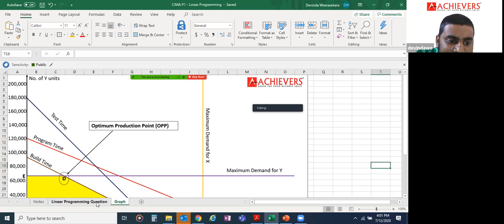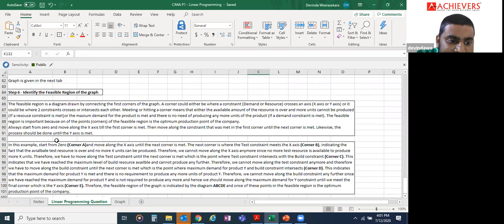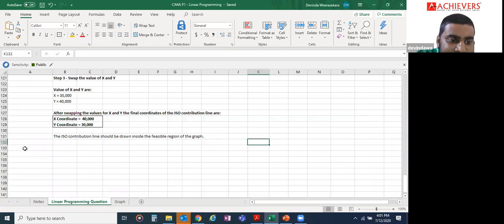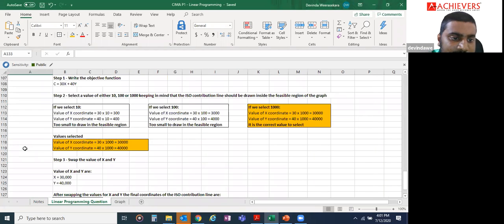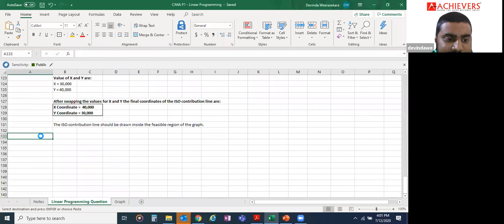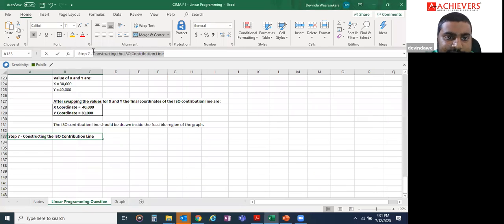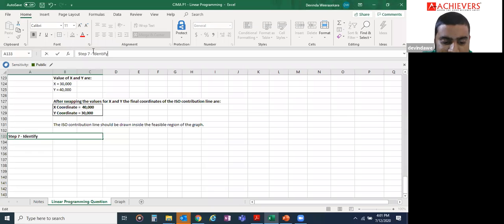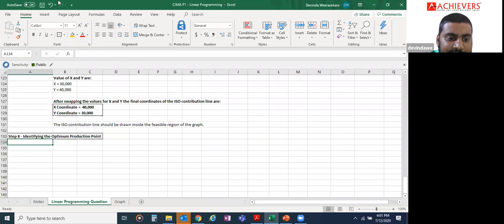Okay, so the next step. Again, I have given some space for solving the optimum production, identifying the optimum production point. Step 8, identifying the optimum production point.